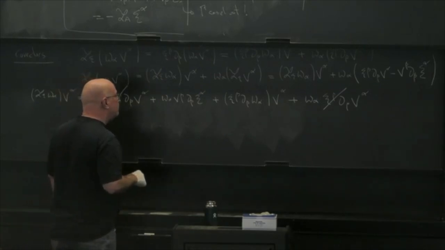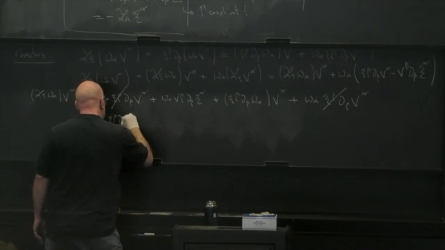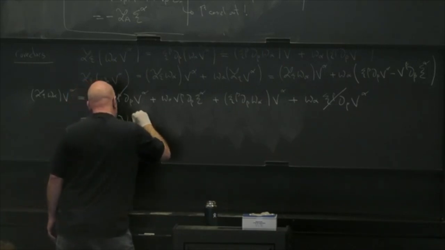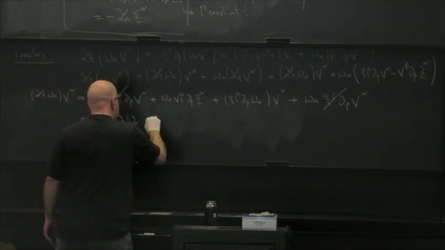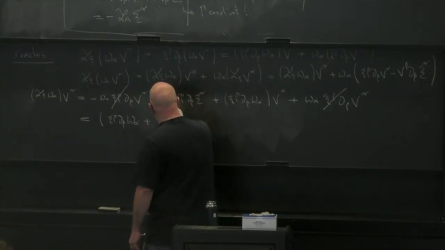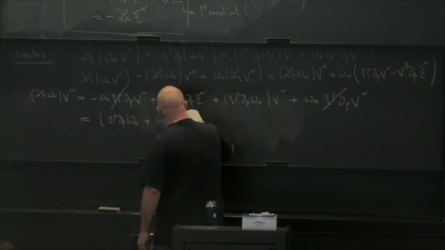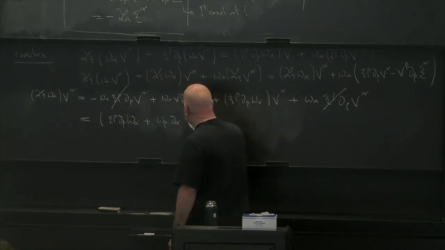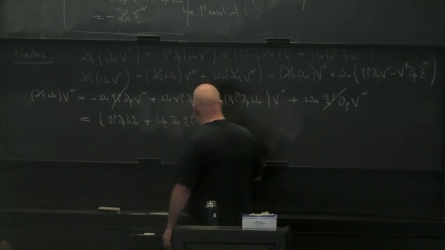So let me write this term over here first, c beta derivative of omega alpha, and then I'm factorizing the v alpha. And here I'm just going to change the name of the indices because they're all repeated. So I'm going to change this into an omega beta. Then I'm going to change this into a v alpha. I have to make sure that I'm summing over the right indices. So I'm going to write it like that with a v alpha factorized.